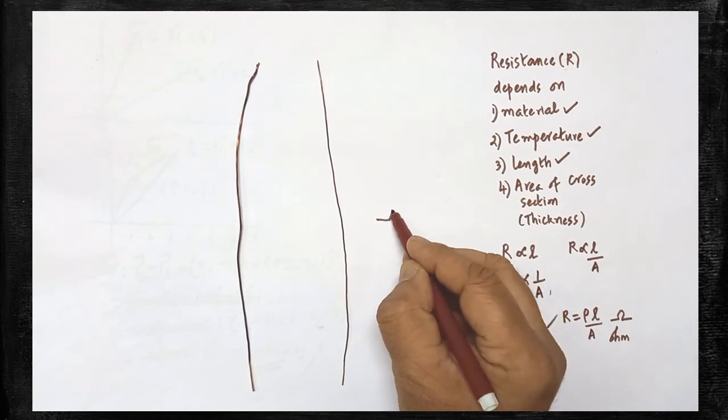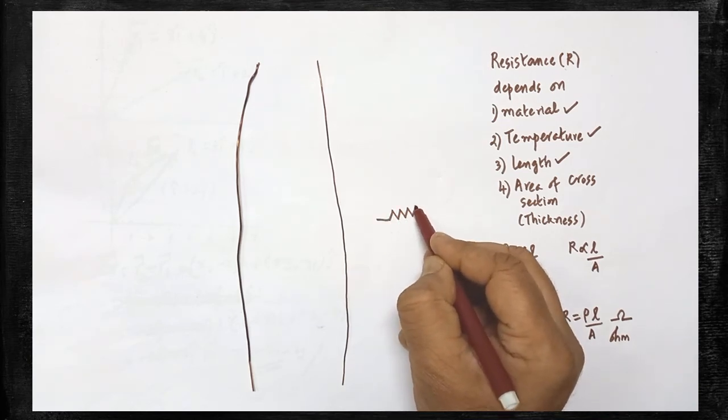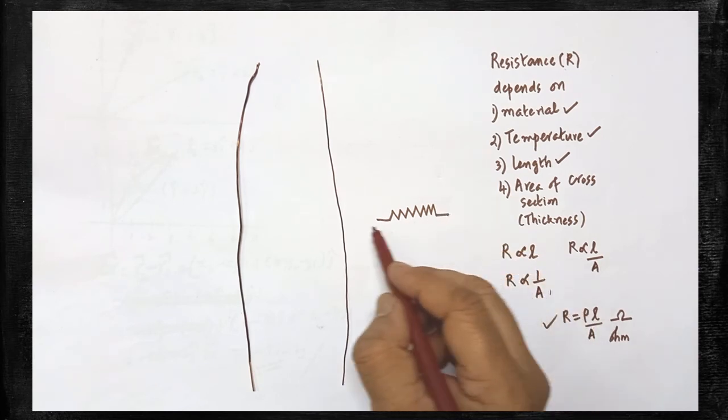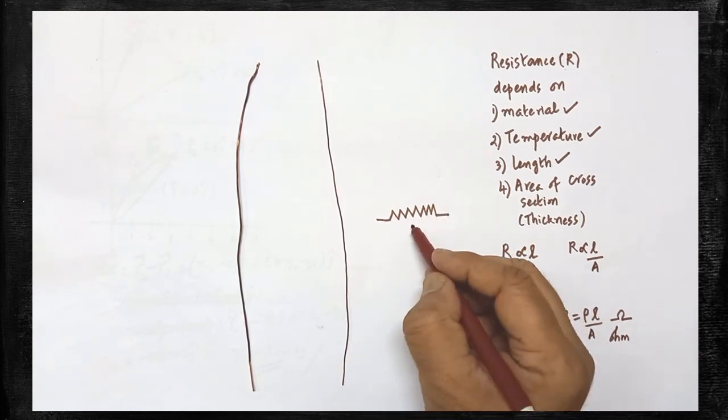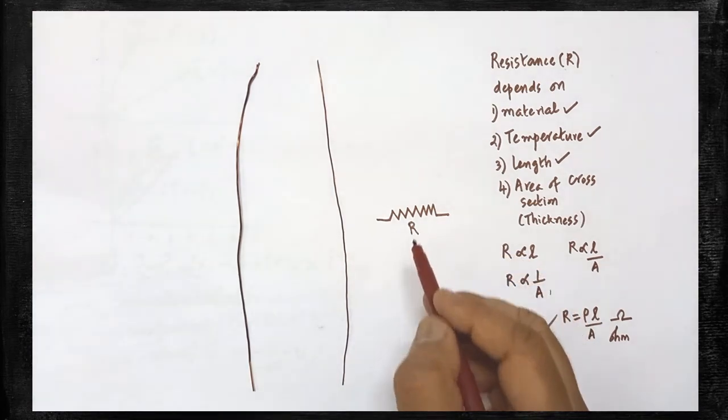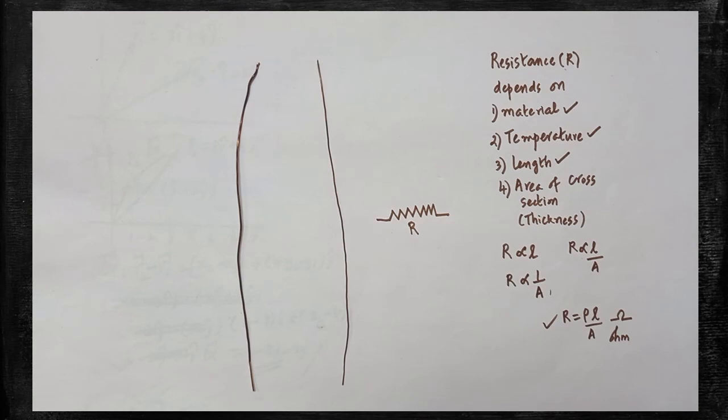The symbol of resistance in any circuit could be represented by this symbol. You have to draw a zigzag line. After that, on the wire you have to write R. So this is the symbol of resistance. Understood? So resistance is the property of all the conductors, common to all the conductors.